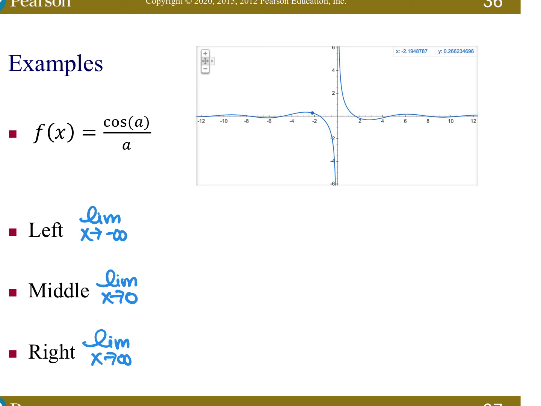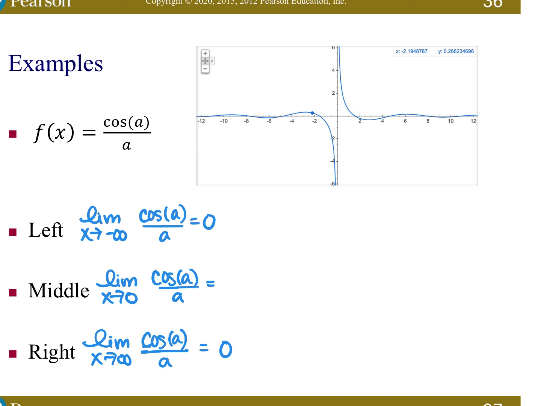Okay, so if you dampen cosine out on the left, then cosine of a over a will dampen to 0. And if you dampen cosine out on the right, that also will come out to be 0. But if you dampen cosine in the middle, on one side, what direction is it going?